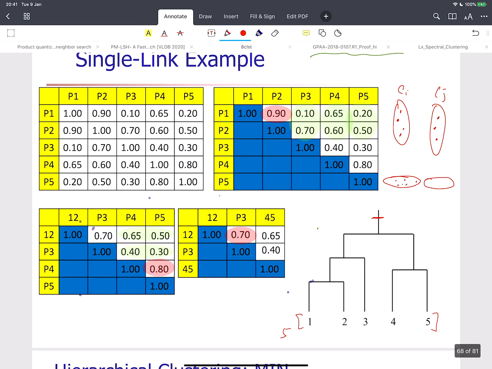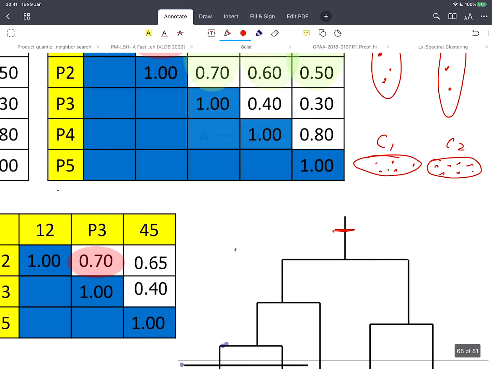If you have this kind of lying-down shaped cluster, this is C1 and C2, and you use the single link algorithm, basically it is more optimistic. If we zoom in, the smallest distance is between this point and this point. So that's the distance, and that distance is not too bad.